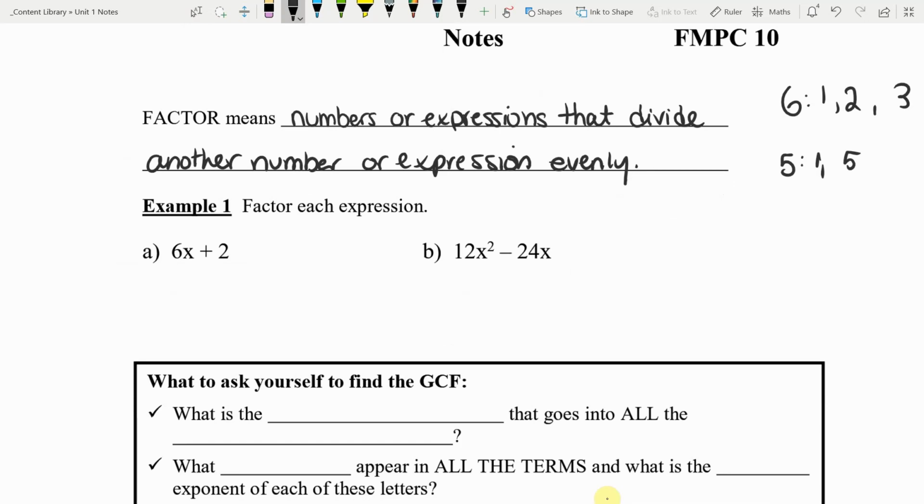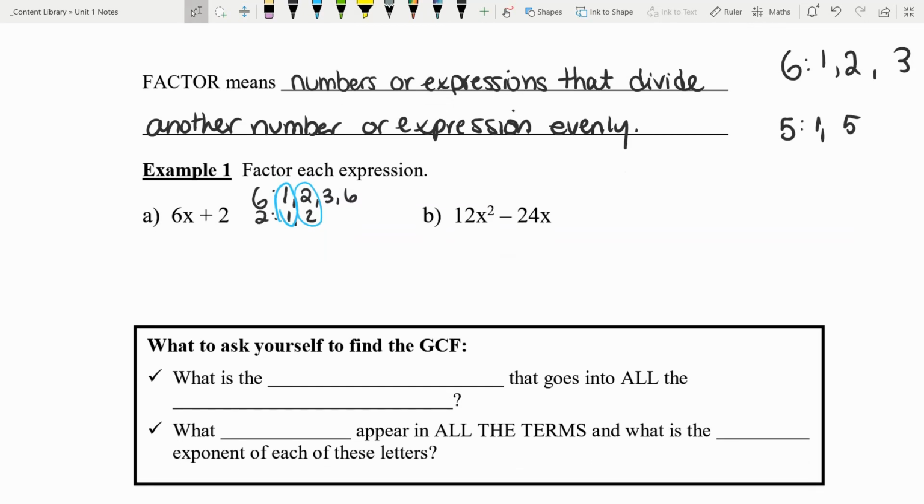So if I look at the factors for 6, I actually just listed them, 1, 2, 3, and 6. And for 2, I have 1 and 2. So if I look there, my common factors are 1 and 2. What I'm looking for, the one I want to pull out, is the greatest common factor.